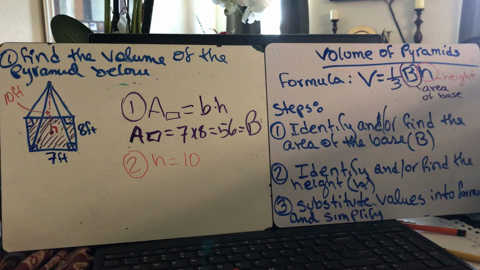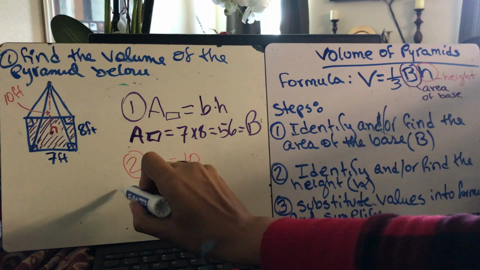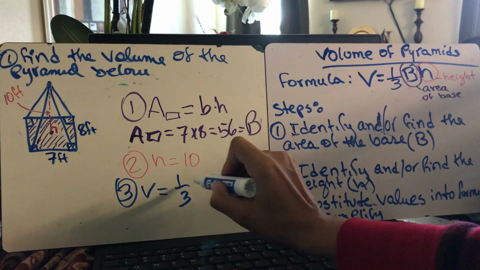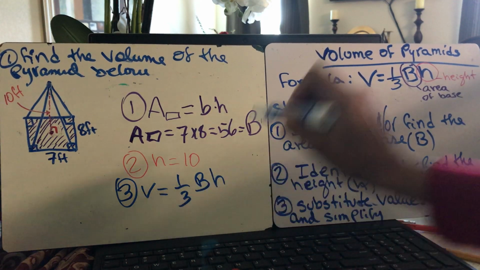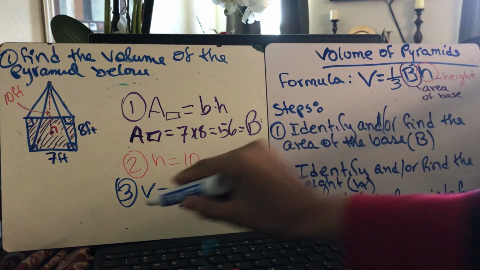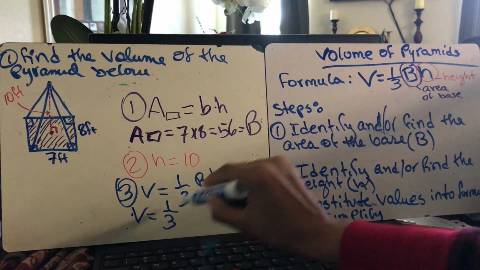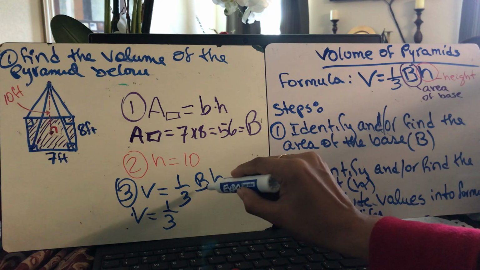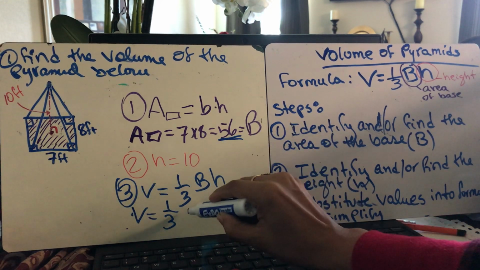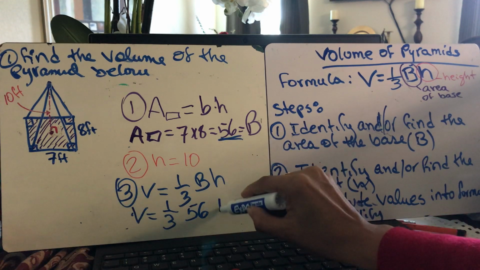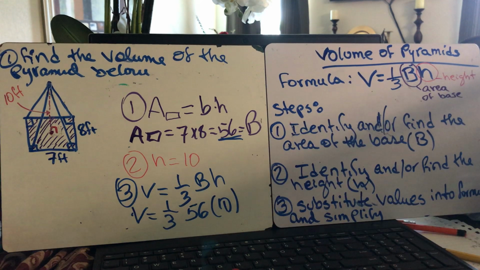And then for step 3, I'm just going to substitute the values into the formula. The volume is 1/3 B times H, and I'm just going to substitute and simplify. I have 1/3 times the area of the base, which is 56, times my height, which is 10. Then I'm going to use my calculator to simplify.